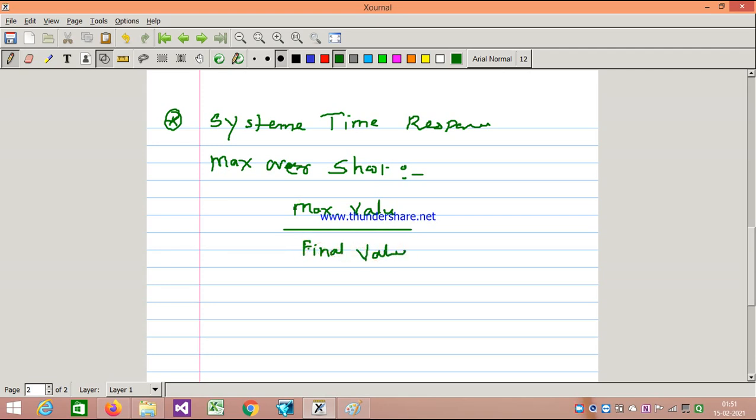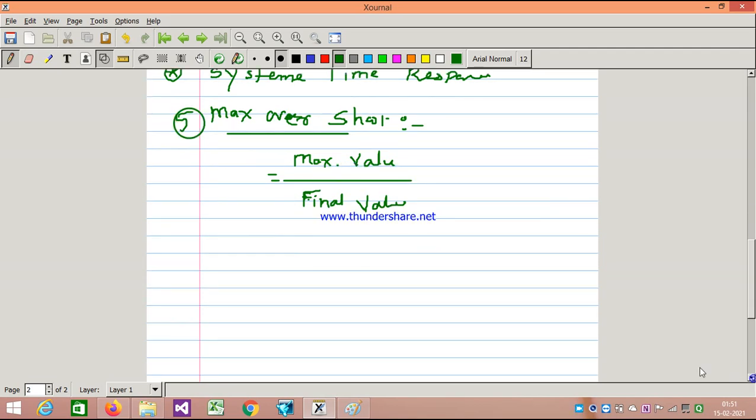So the ratio of the maximum value to the final value is called the maximum overshoot. So this is the fifth parameter. So here in this question we will see the 5 parameters.